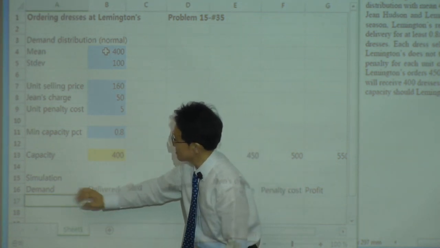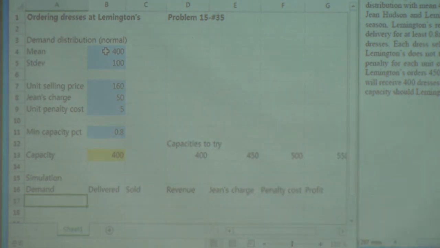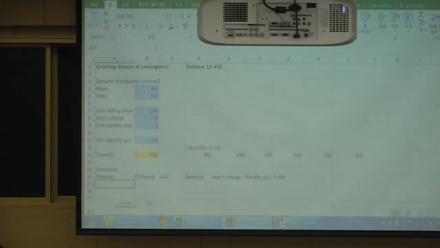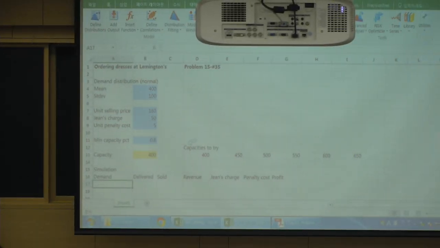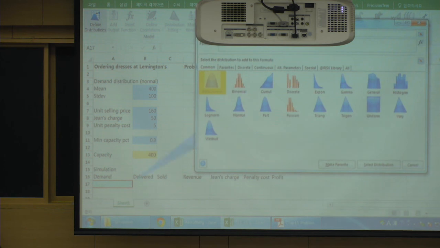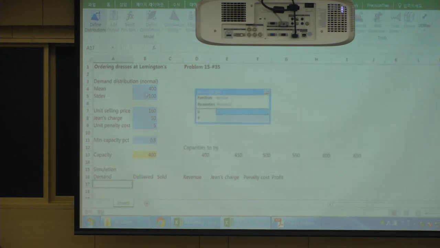Now the simulated demand. This one first, what should I do? I go to @RISK and I define this as a normal distribution. So I define distributions and go to normal distributions. And then what is the mean value? Mean value is 400, standard deviation 100. I click there.